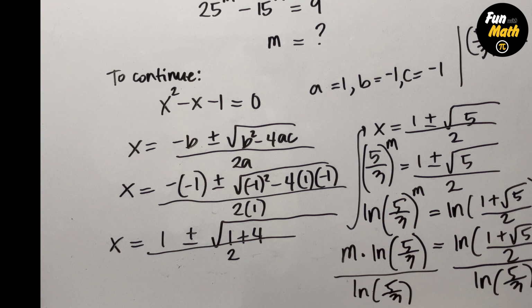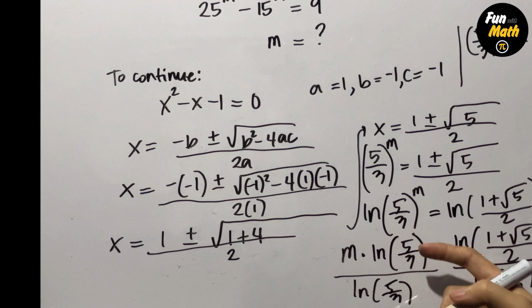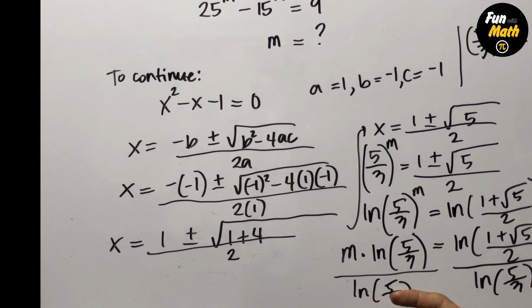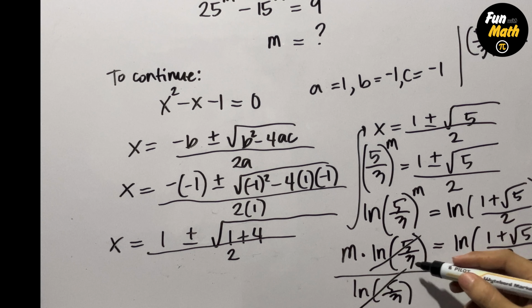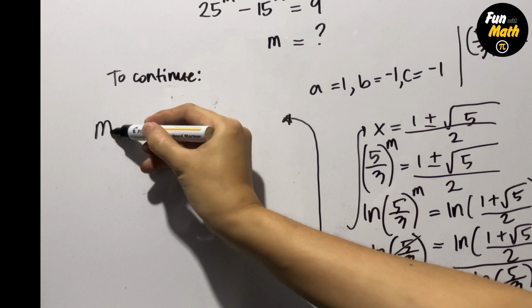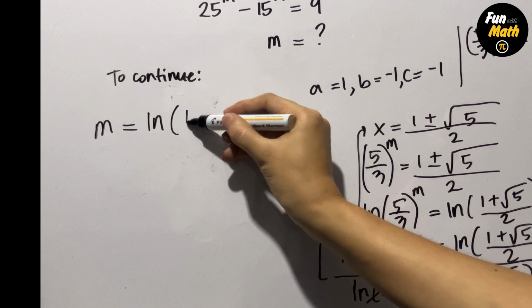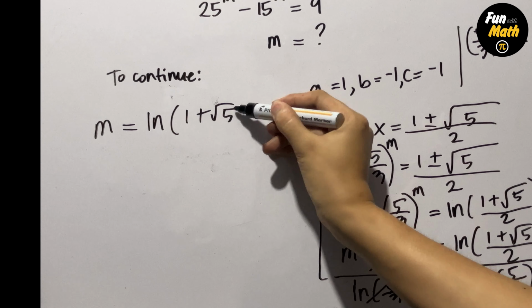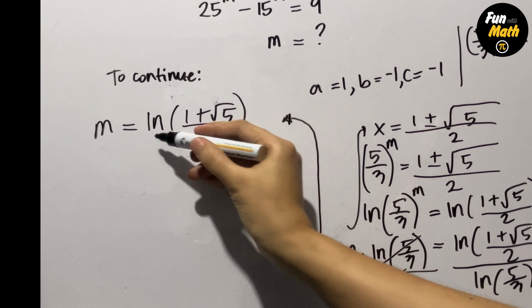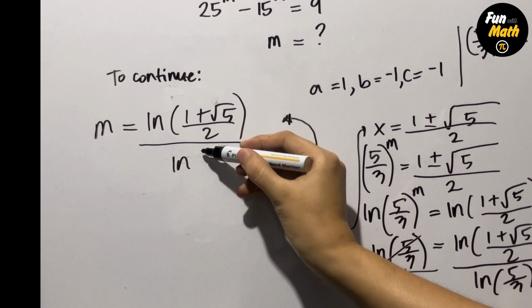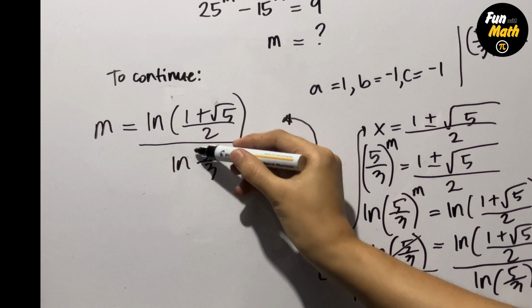So we can cancel out ln 5 over 3 over ln 5 over 3. And we're left with m is equal to ln of 1 plus square root of 5 over 2 all over ln of 5 over 3.